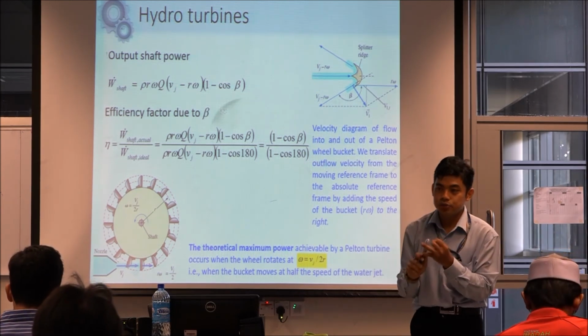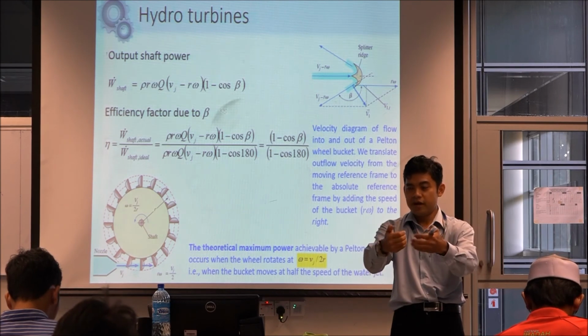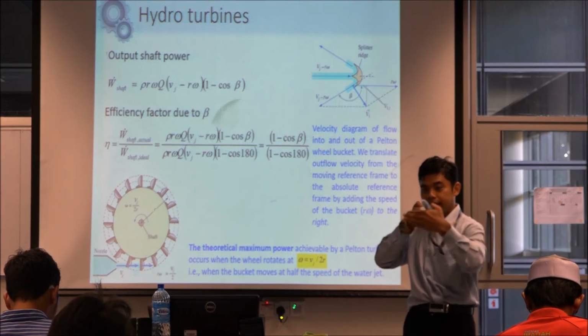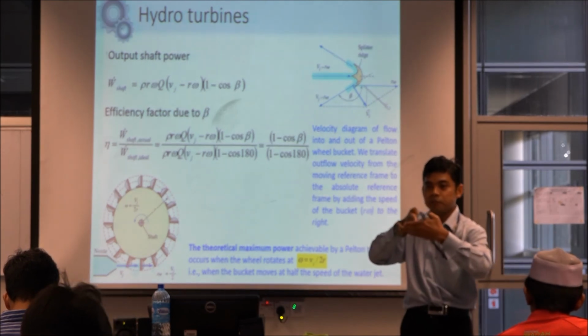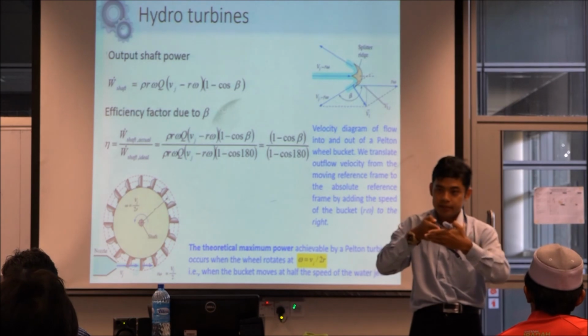Maximum theoretical, because in actual, you cannot get it. Never. I told you, at 180, the next bucket will be hit by the return jet, so it will not happen.